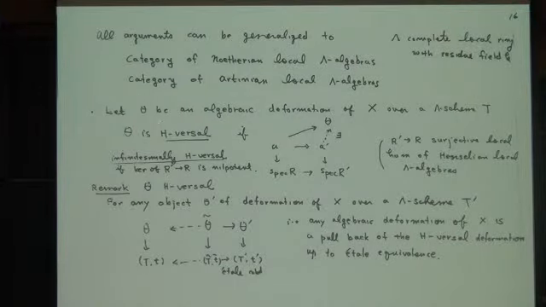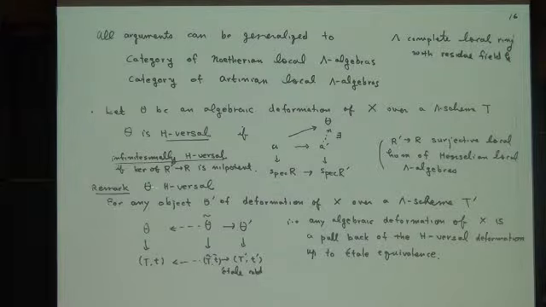So now let Θ be an algebraic deformation of X over a scheme T. Then this Θ is H-versal, where the H comes from Henselization, which means that if we have A to Spec R and A' to Spec R', then when we have a map from A to Θ, it can be extended from A' to Θ. And here R' to R is a surjective local homomorphism of Henselizations of local Λ-algebras.